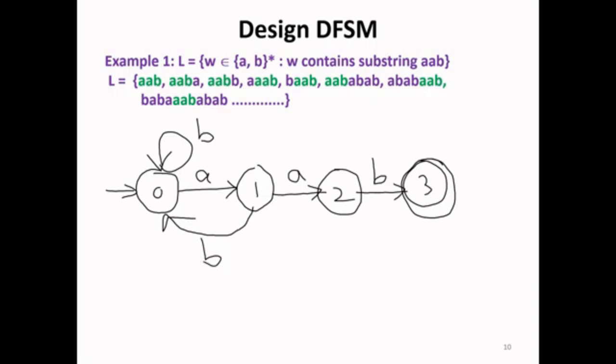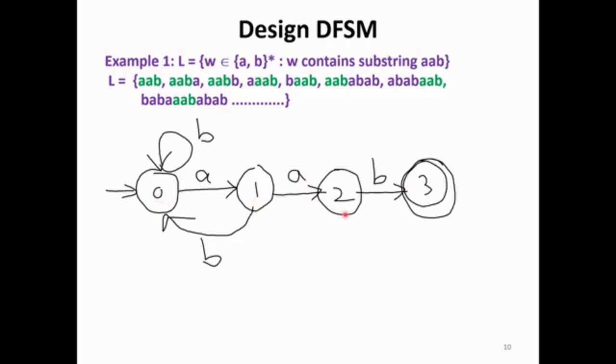I'll be having compulsory string A, B. And if after this first A I come across a B, then it must go back and then again it must have a substring A, B. So I hope it's clear now. From state 1, one compulsory transition going to state 2 for input A, and for B it is going to state 0. So state 1 is over.